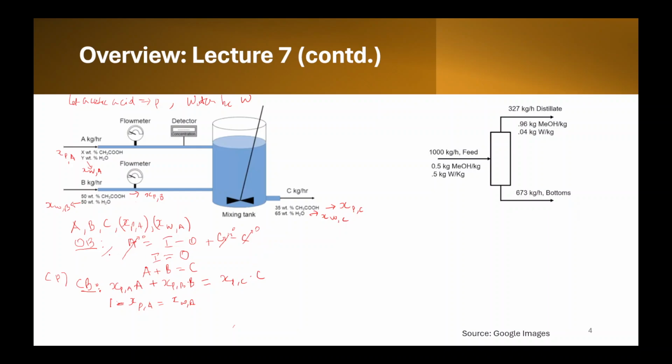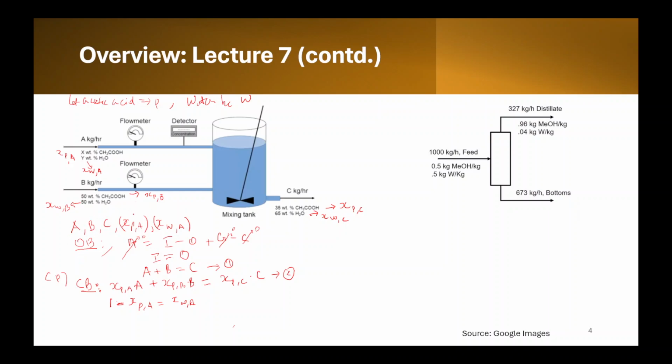So now these are the two equations given to us. But there are more than two unknowns here. As you saw, there are 5 unknowns here.